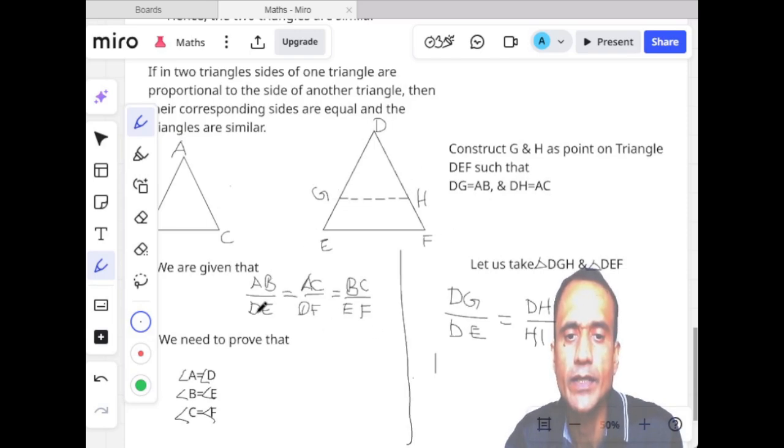Now let us take triangles DGH and DEF. We are given that AB by DE is equal to AC by DF. But AB is equal to DG and AC is equal to DH.